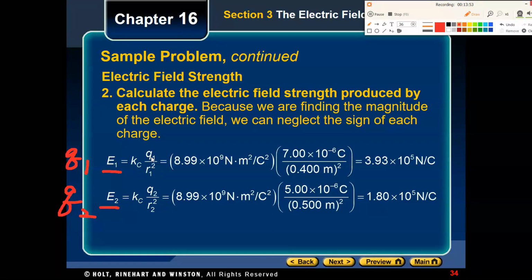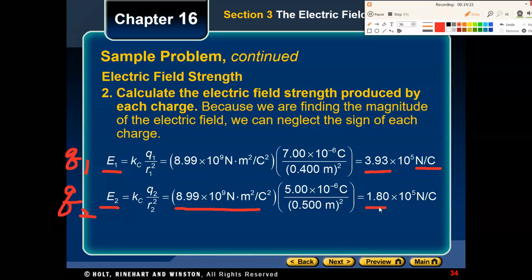So you put Q1 divided by the distance R1, Q2 divided by the distance between Q2 and this point in space. There's the constant Kc. You don't need to memorize this number. It will always be given. Plug in the Q1 distance, Q2 distance, and you can figure out the strength. The unit is newton per coulomb.